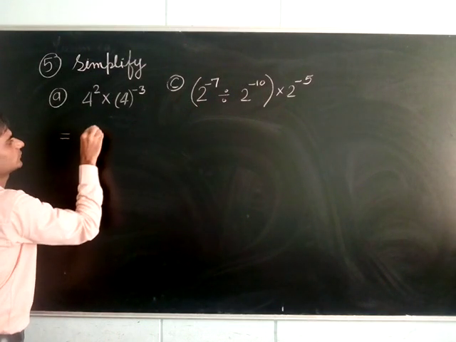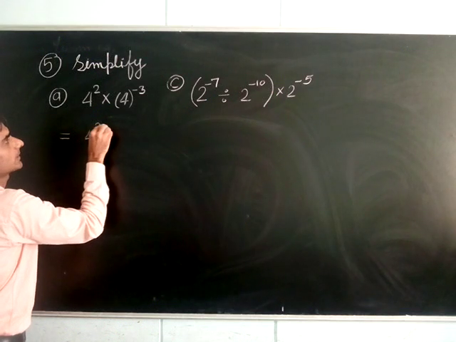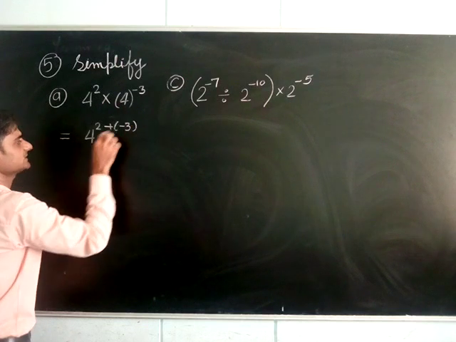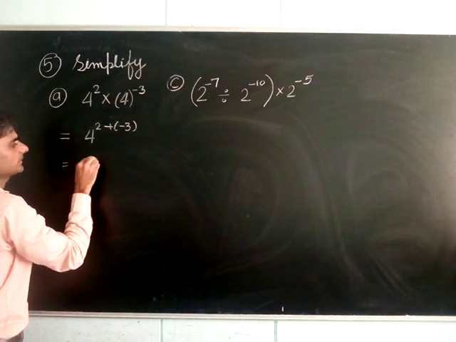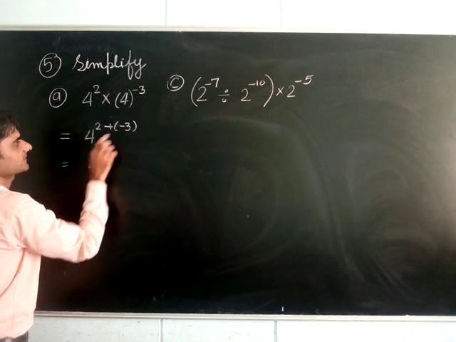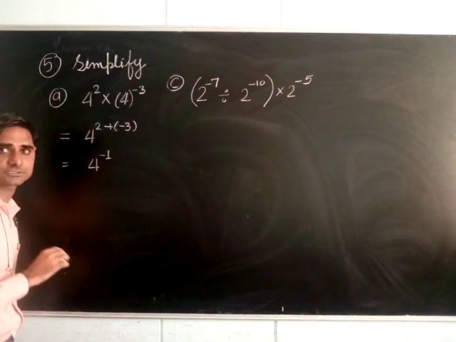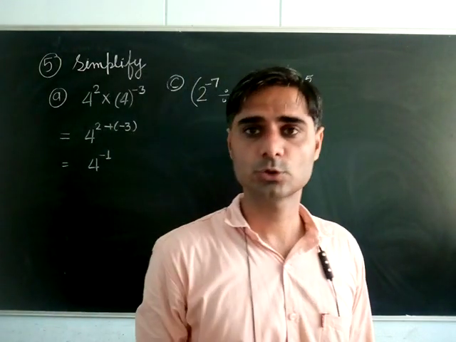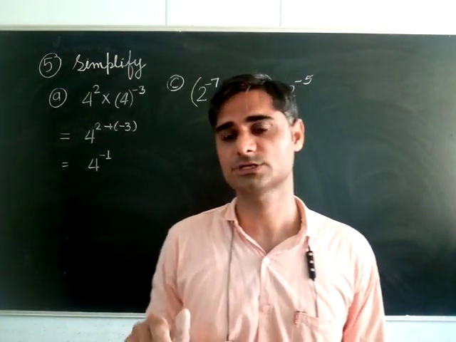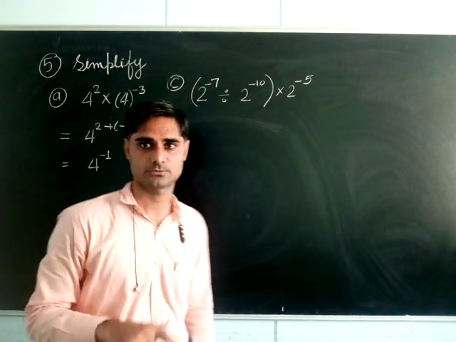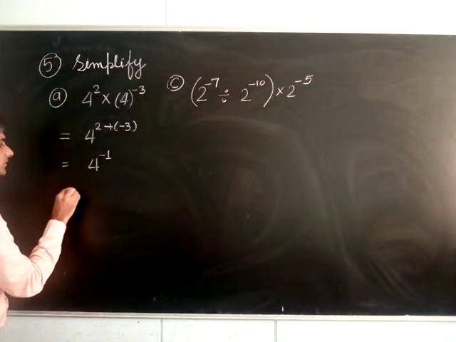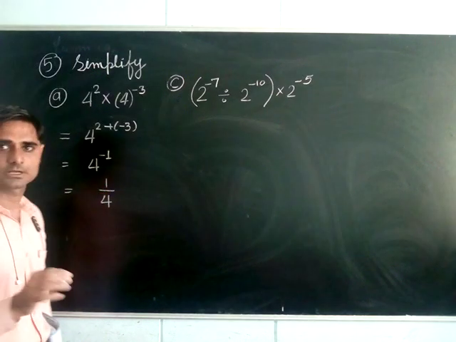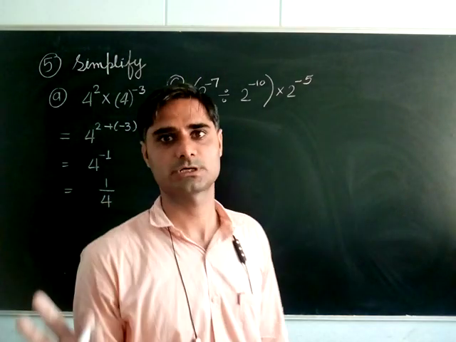So this will be equal to 4 power 2 plus minus 3, which is 4 power minus 1. As the question says, show your result in power notation and that should be positive. So 4 power minus 1 can be written as 1 upon 4. So 1 upon 4 will be the solution.